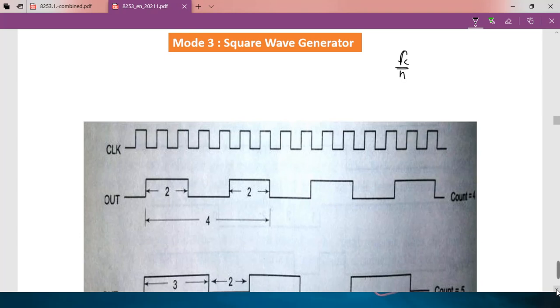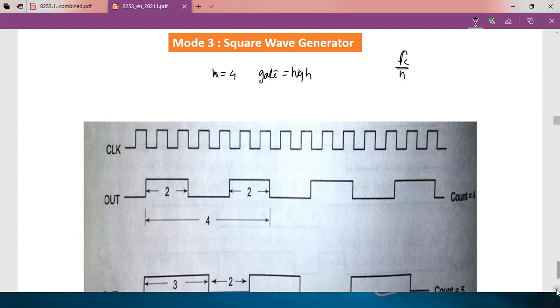For example, if n equals 4 and the gate pulse is high, then for the first negative edge the output goes high and remains high for 2 clock periods. Then it is low for a further 2 clock periods, again high for 2 clock periods, then low for 2 clock periods.